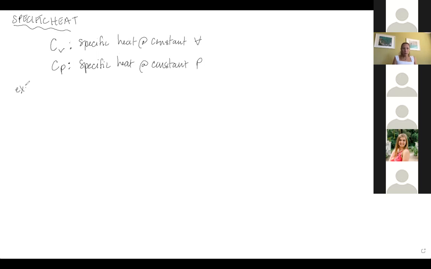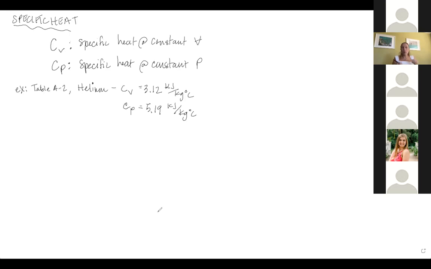As an example, using table A2, we can look up the specific heat for helium, a gas. The specific heat at constant volume for helium is 3.12 kilojoules per kilogram degree Celsius, and the specific heat at constant pressure is 5.19 kilojoules per kilogram degree Celsius.